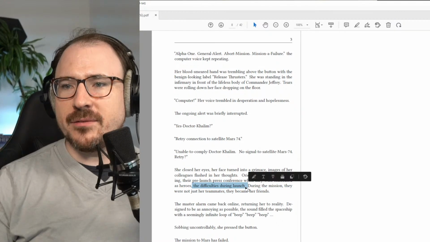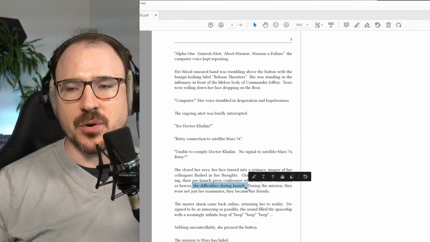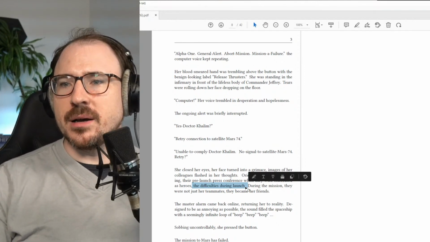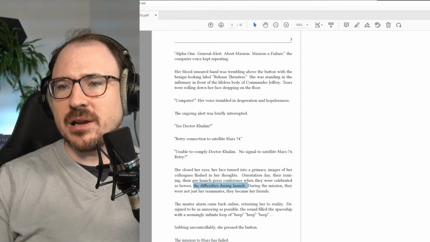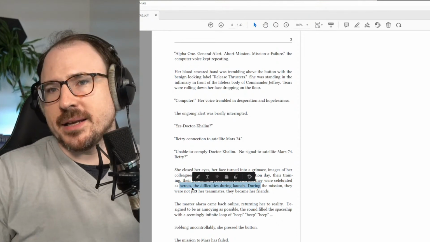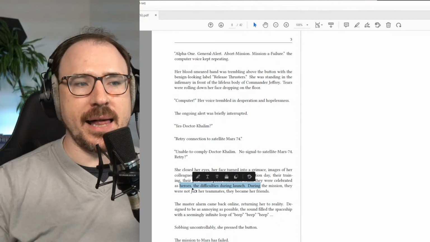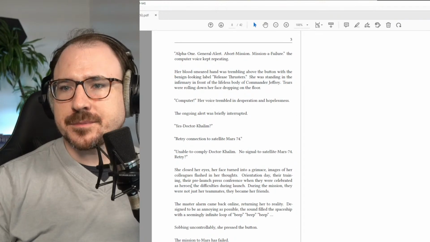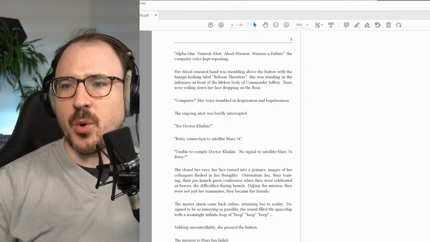And if I give the promise of a hard science fiction book, I need to give a proper explanation. So if I end up saying, okay, they had difficulties during launch, maybe the captain didn't find the keys or something like that, then what's the payoff here? That doesn't help much. So that is something we have to try to avoid.